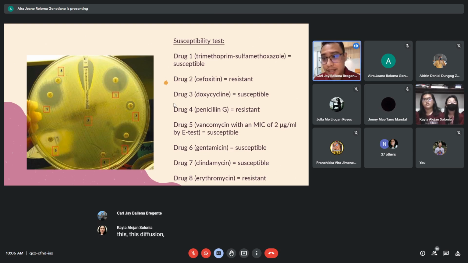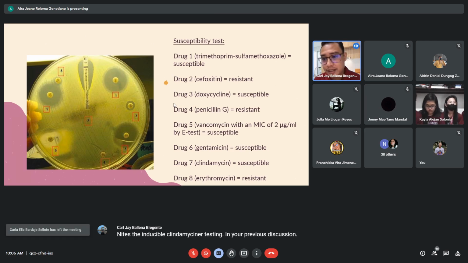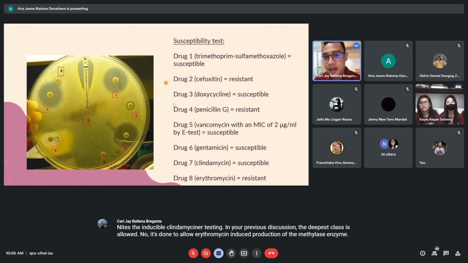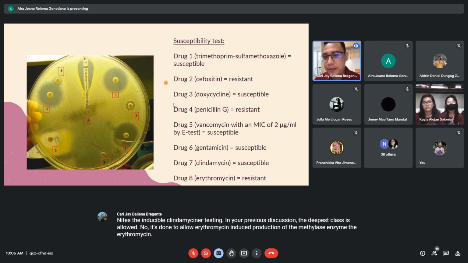Have you read about the D-test, the inducible clindamycin testing in your previous discussion? The D-test is done to allow erythromycin-induced production of the methylase enzyme. The erythromycin ribosome methylase is a gene that encodes inducible or constitutive resistance to clindamycin.